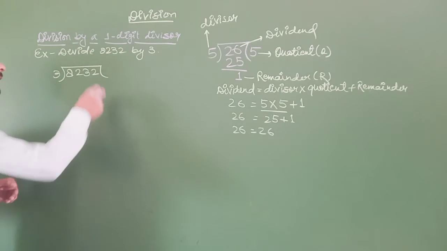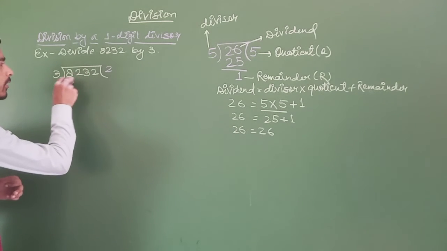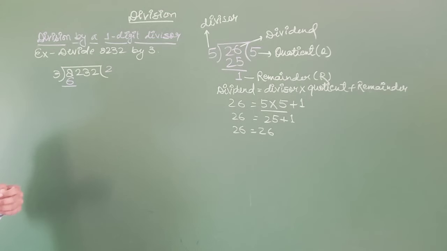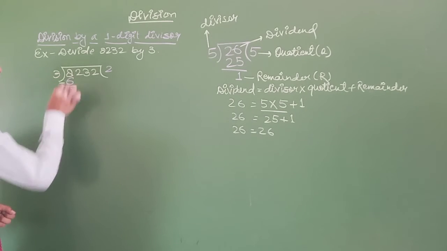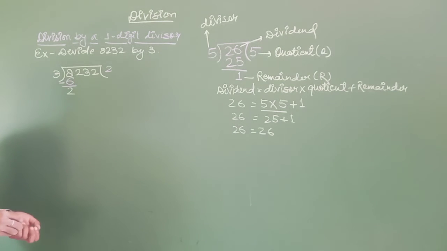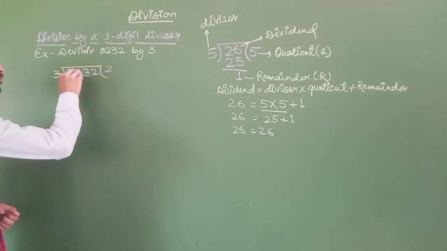So take 3 multiplied by 2 is equal to 6, and write 2 in the thousand place of the quotient. Subtract 8 minus 6 is equal to 2 and write 2 as the difference.